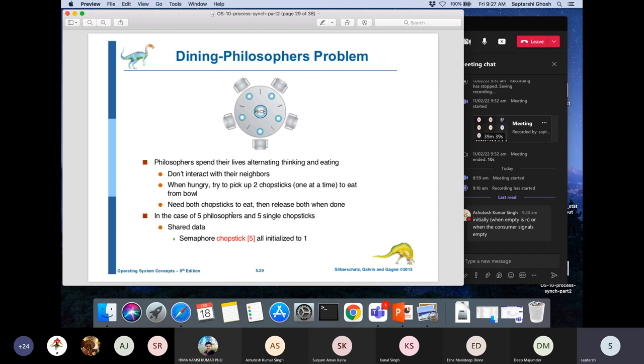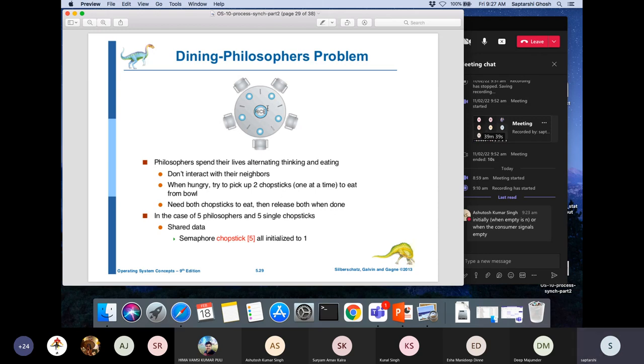There can be more. So 5 philosophers are sitting at a table for eating. However, they don't talk to each other. They just think, and when they are hungry, they try to eat. This whole problem originated from Japan, and you know chopsticks are used to eat rice.